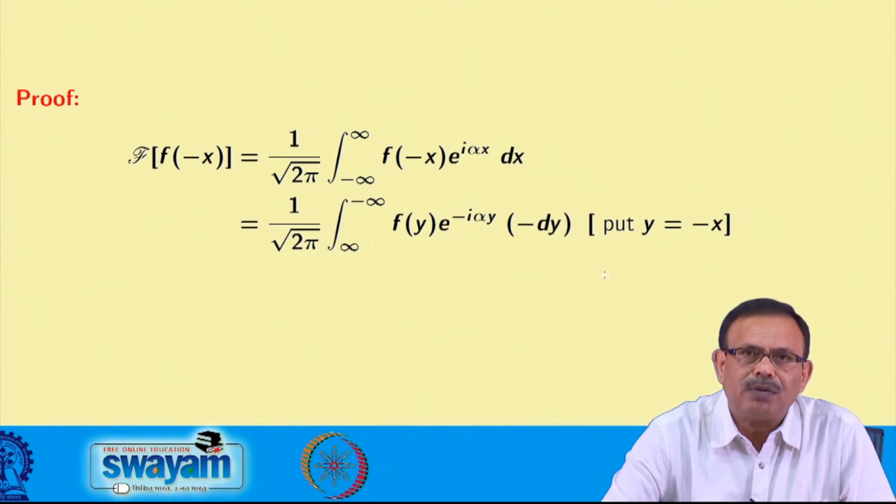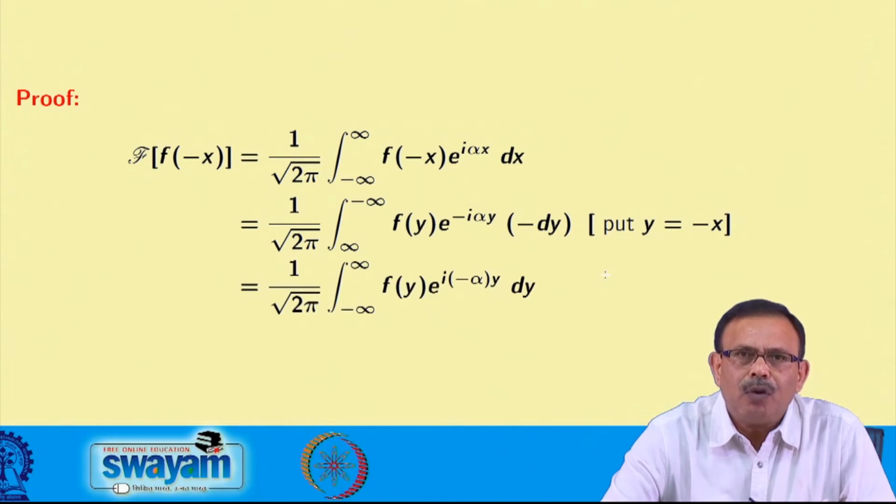Substitute y equals minus x, so that your limit now changes to infinity to minus infinity, f of y e power minus i alpha y into minus dy, where this minus sign I can absorb by interchanging the limits. So, I can write 1 by root 2 pi, integral from minus infinity to infinity of f y into e power i into minus alpha into y dy, which is nothing but capital F of minus alpha. So, this completes the proof of the first part.